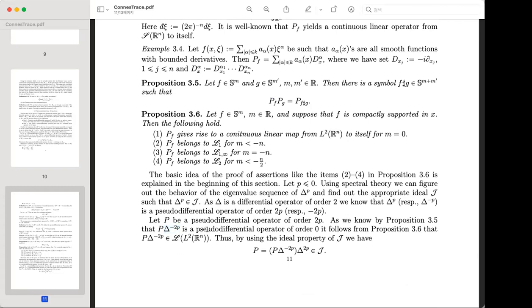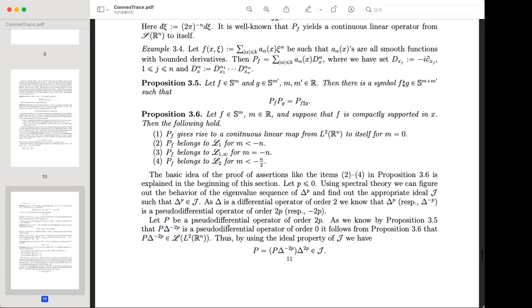I think I made a mistake here, because this should be replaced by minus P, sorry.